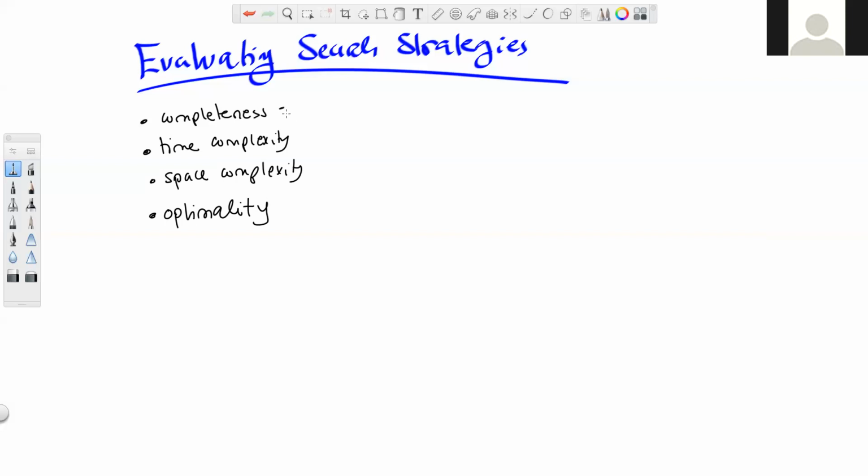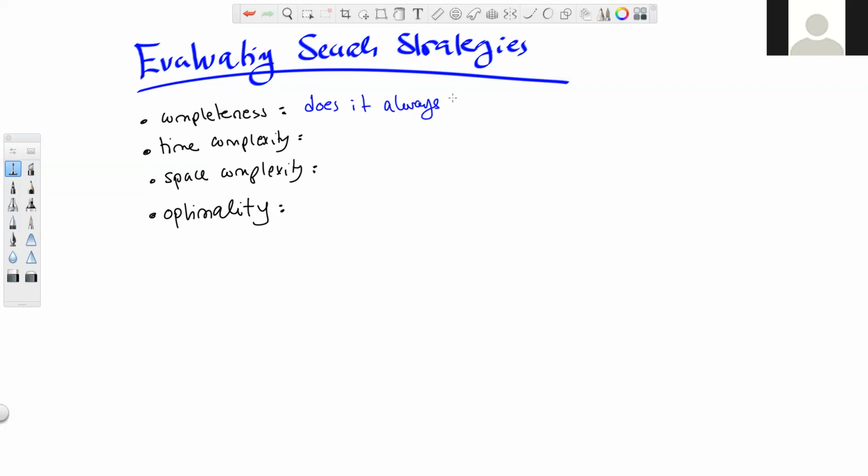Let me be clear. Two of these are probably obvious to you, time complexity and space complexity, but we have to be clear on what is complete. Completeness here means, does it always find a solution if one exists?